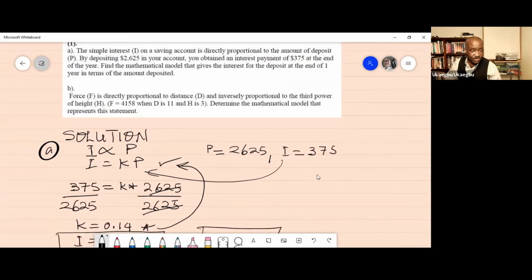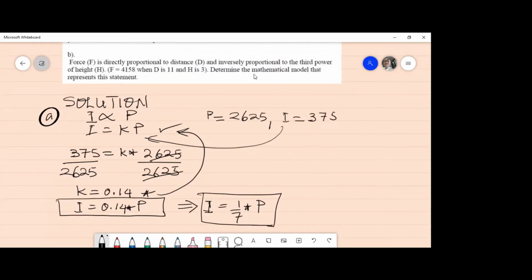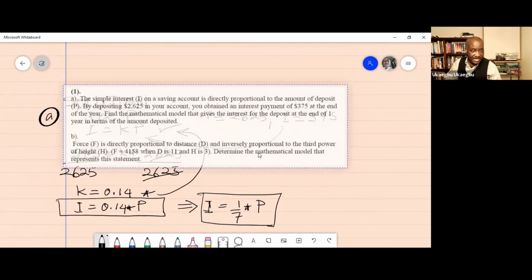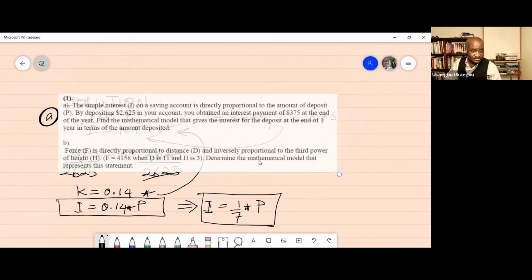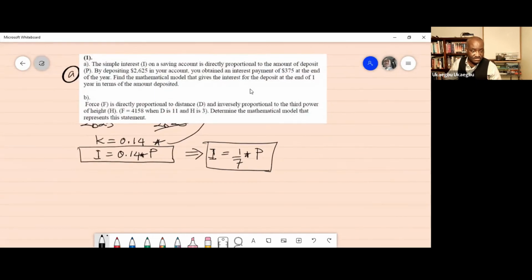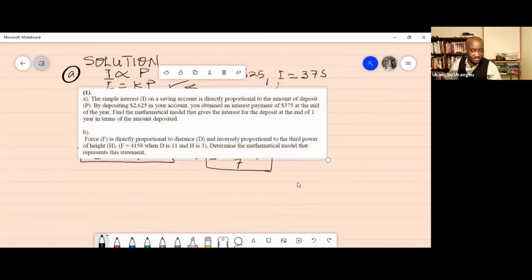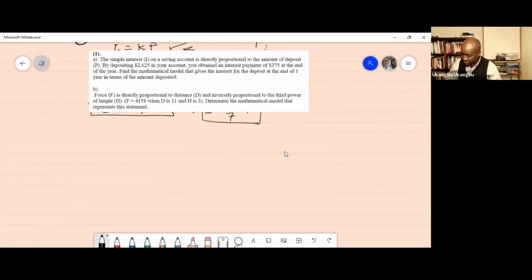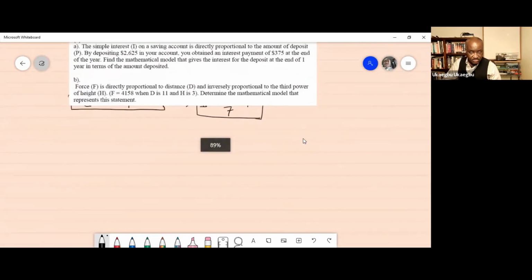Okay, first of all, from this statement you can see that they have a combined variation. So this is 1B.